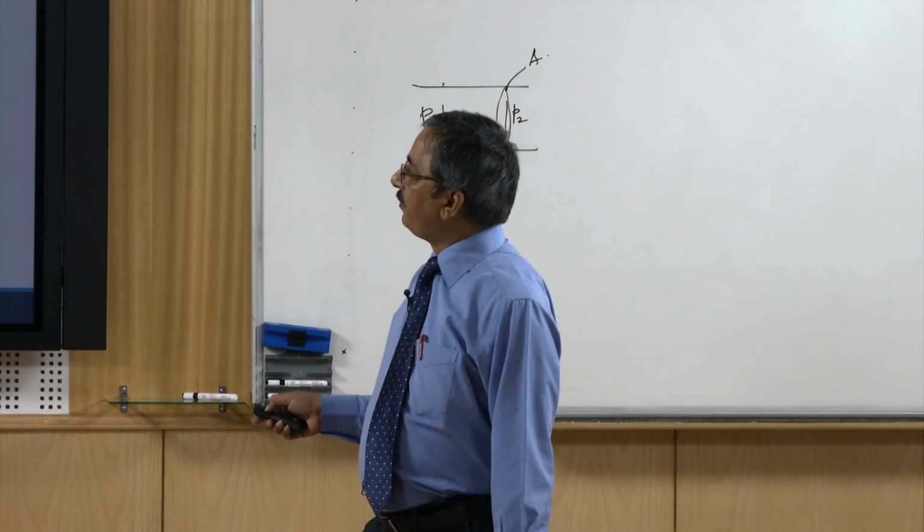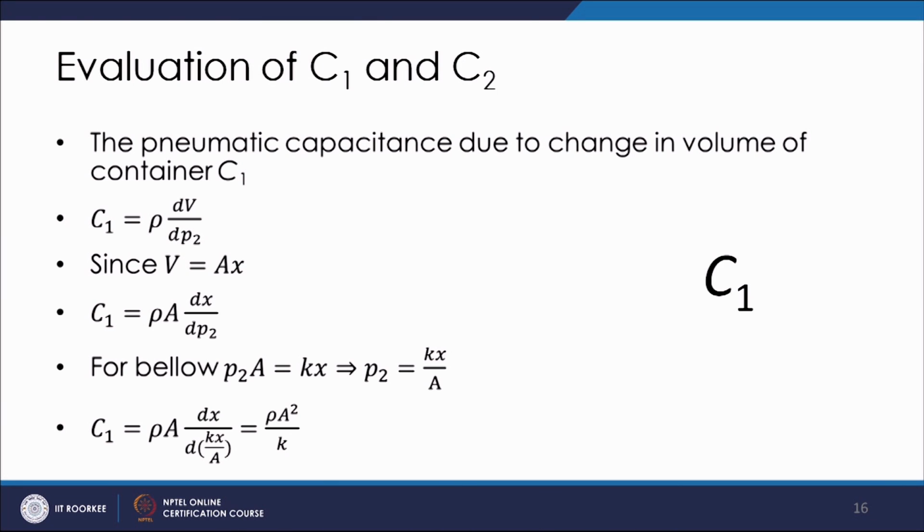So, C1 I define as rho dV/dP2. It is actually rho dV/dP, but here the P is basically P2. But V is equal to Ax, so I put it here: C1 is rho A dx/dP2. For the bellow we have also seen P2A is equal to Kx, that is the force is equal to the stiffness constant of the bellow times the displacement of the bellow.